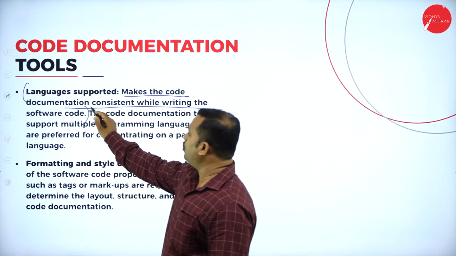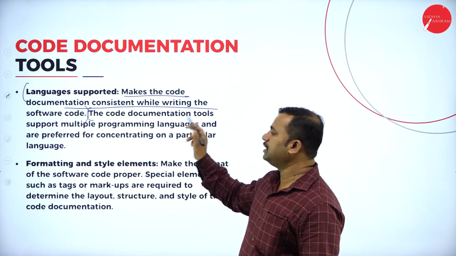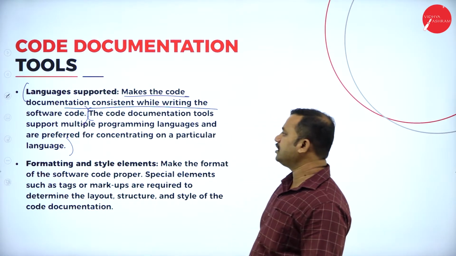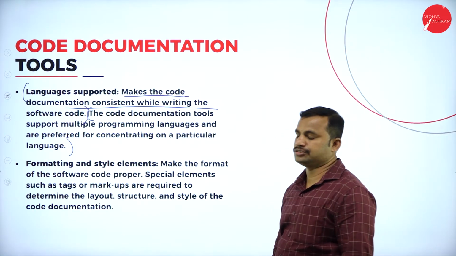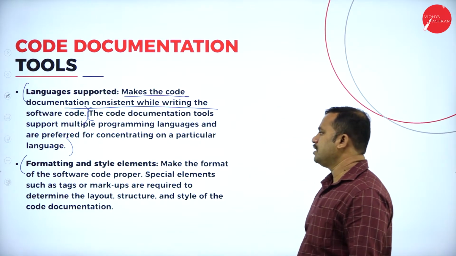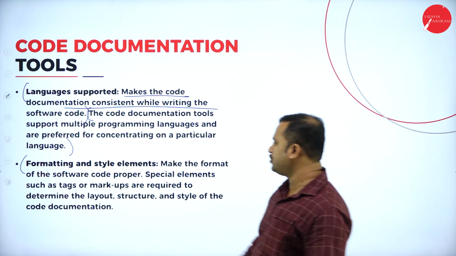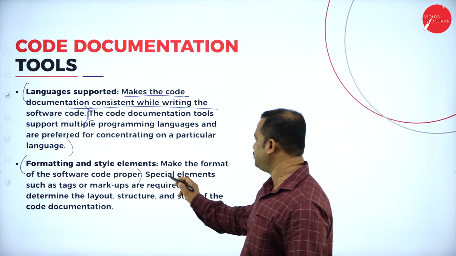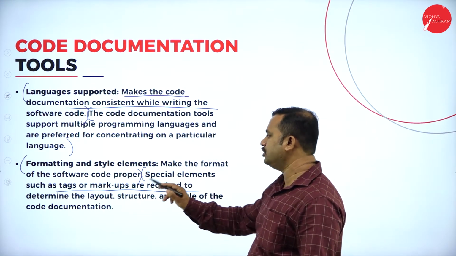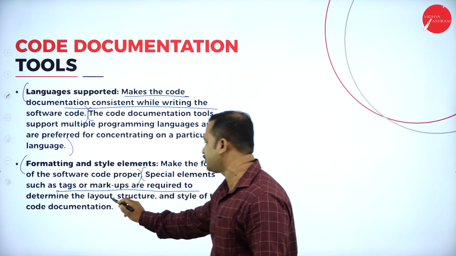That means the code documentation tools support multiple programming languages and are preferred for concentrating on a particular language. Formatting and styled elements: make the format of the software code proper so that special elements like tags and markups are required to determine the layout, structure and style of the code documentation.